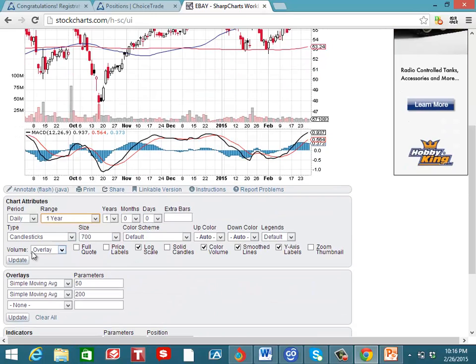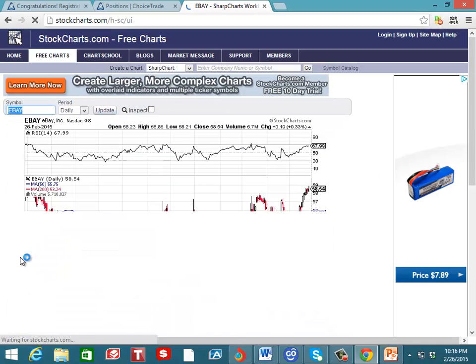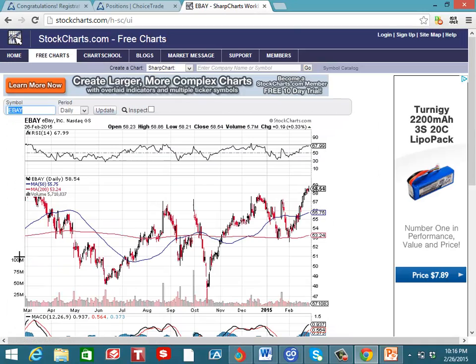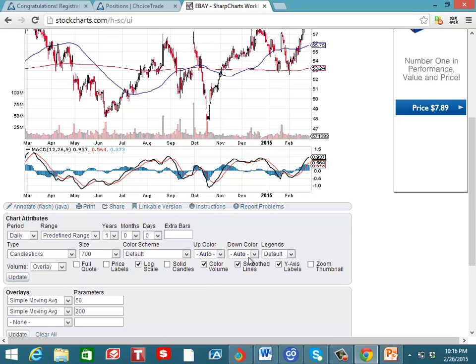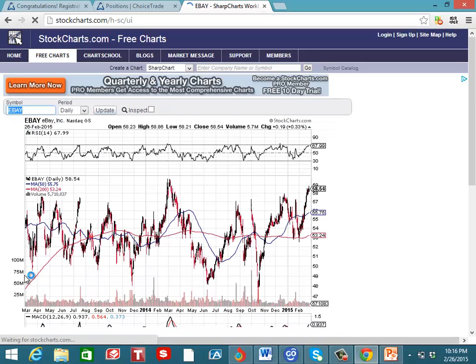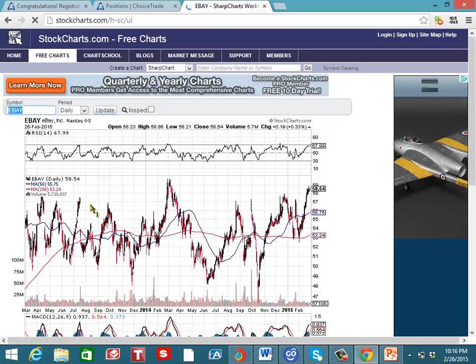For example, if I go right here, and actually let me get the eBay chart right here. Point right here, and you can see it hit off here, here, here, here, and we're about the same area.